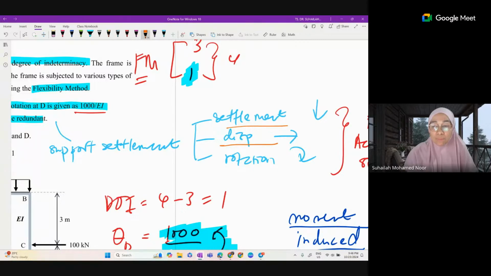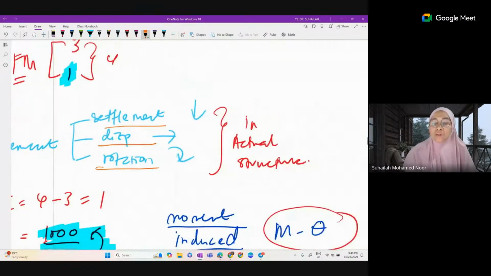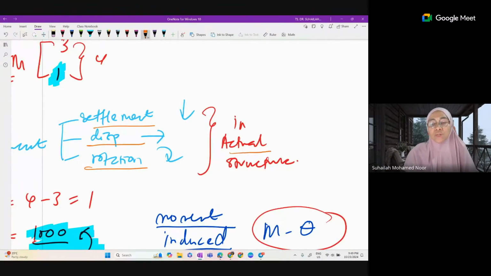Support displacement is also support settlement, moving horizontally to the right side or to the left side. We can also have support rotation, rotating clockwise or counterclockwise. So if it is mentioned in the question, all these are considered as having support settlement. And support settlement, we need to include in the actual structure.